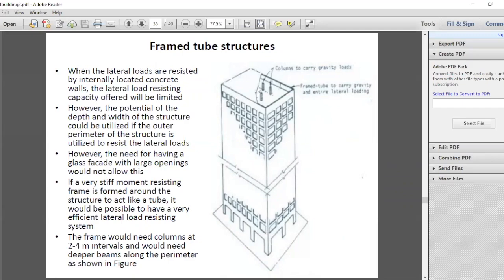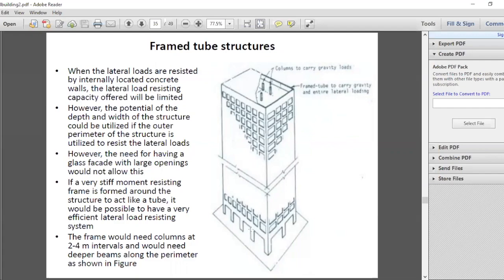But all these openings are surrounded by beams and columns, and we create what we call a perforated tube, a tube with lots of openings. And when you do that, you get small windows. But when the openings are small, you can't enter the building. So at the ground level, you need large openings.